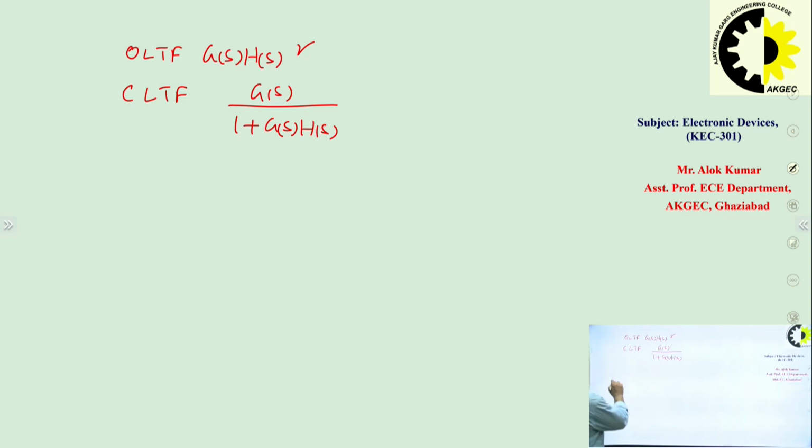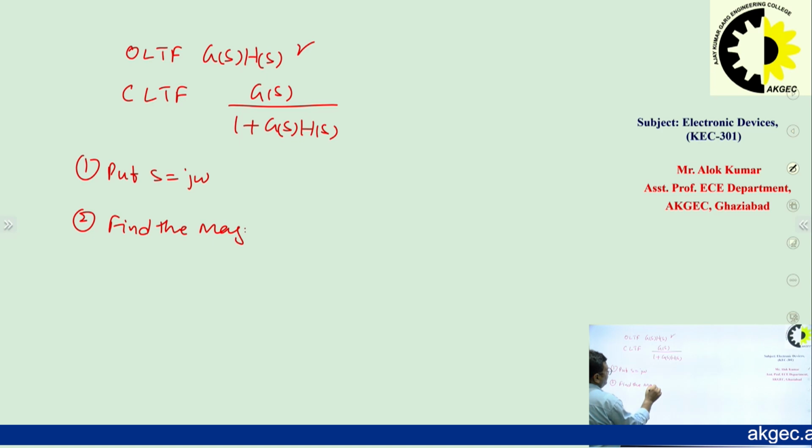After this, the first step is to put s equal to j omega. The second step is to find the magnitude. The third step is to find the angle.